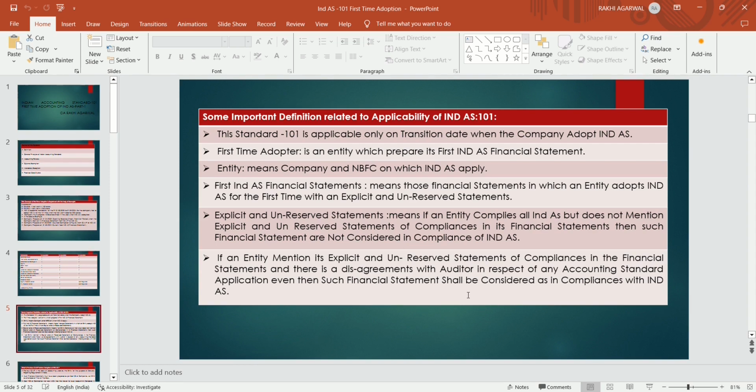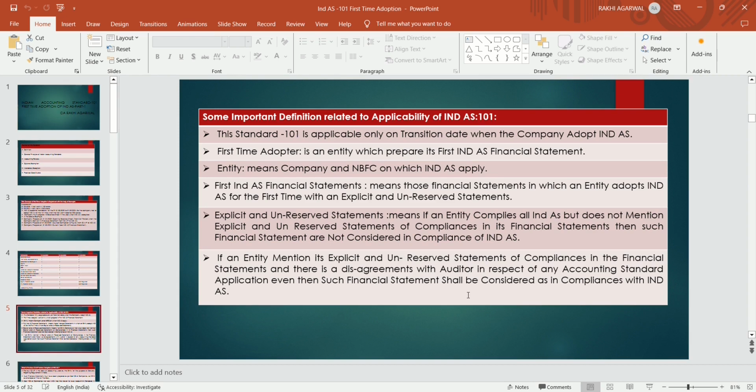Means if an entity complies with all the Ind AS as per accounting standards, applies all the Ind AS, but does not mention an explicit and unreserved statement, even though they are applying all the Ind AS, then in such cases the financial statements are not complied with as per Ind AS.